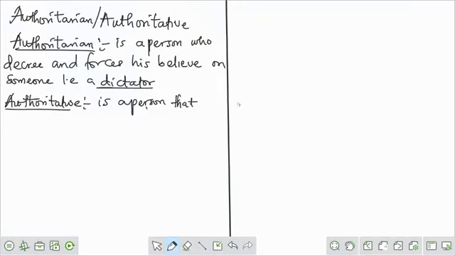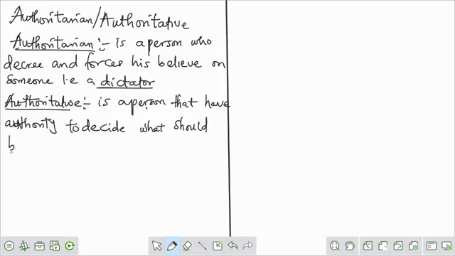So it has to do with authority. A person that has authority to decide what should be done. So that's authoritative.